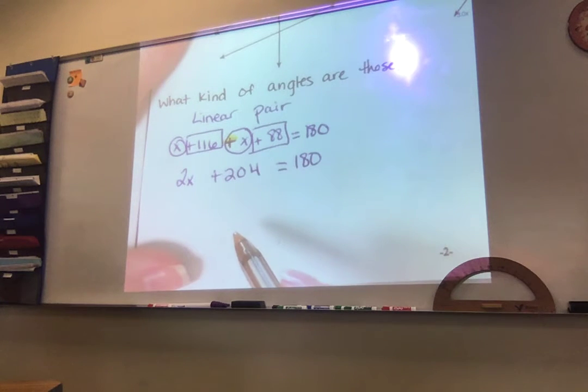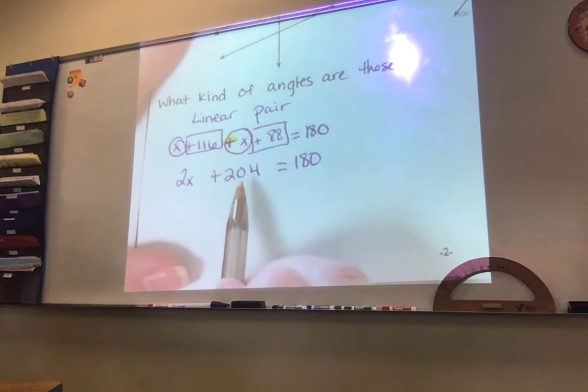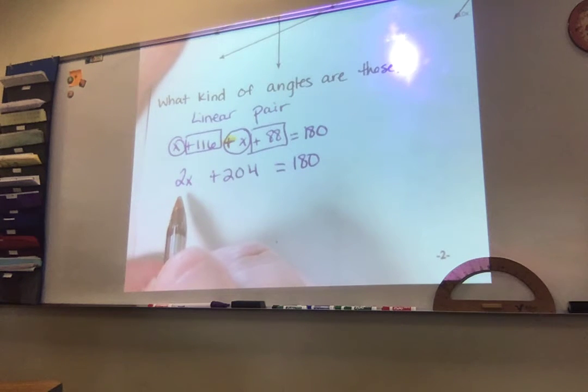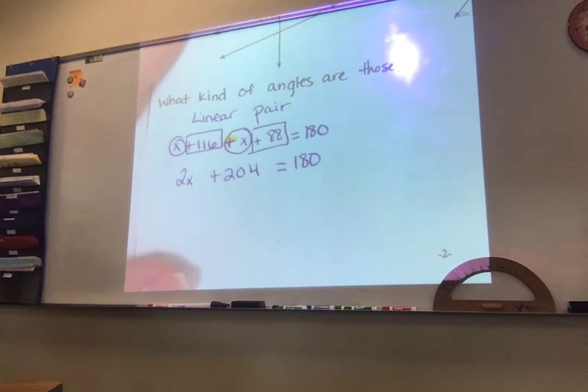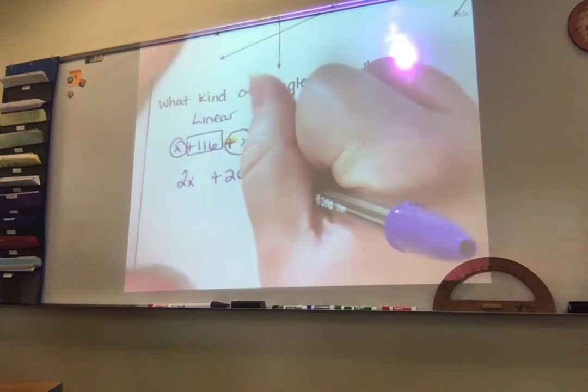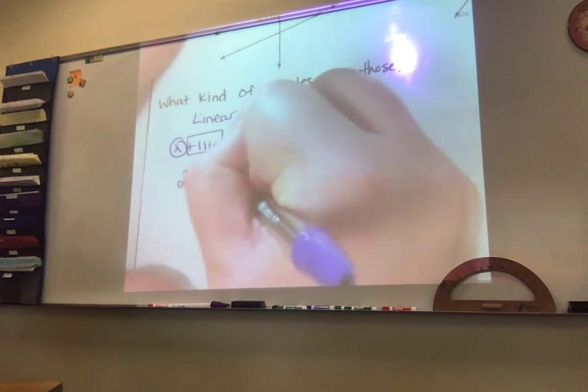How are they different, though? This one is bigger. What is that going to mean for our value of x later on? It's going to be negative, okay? Because we're taking away more than we have. So Peter's right. We're now going to take away 204 from both sides.